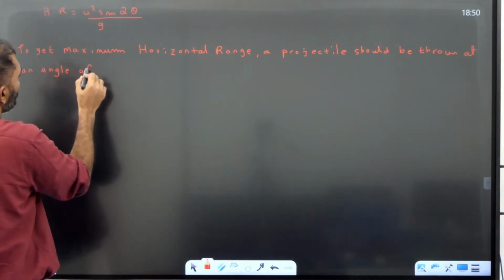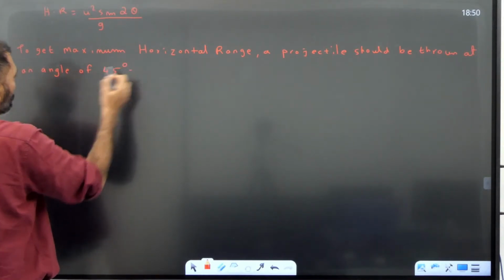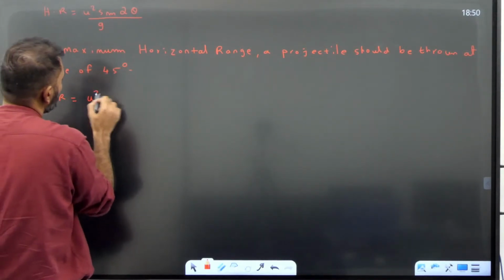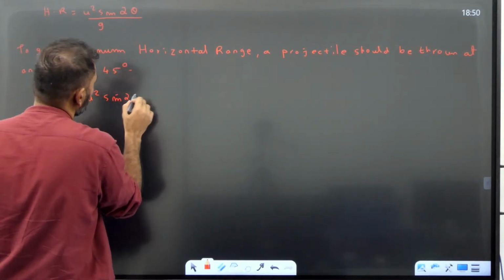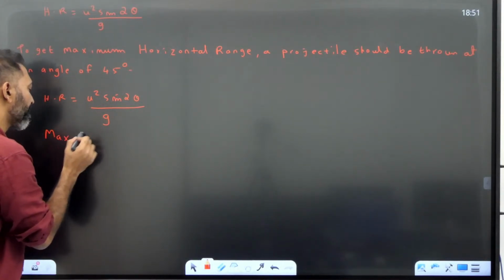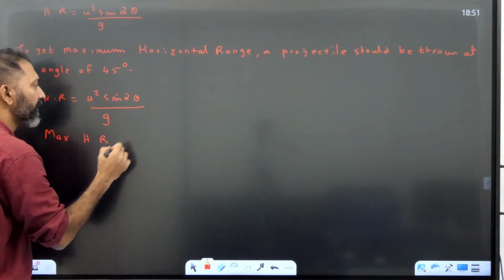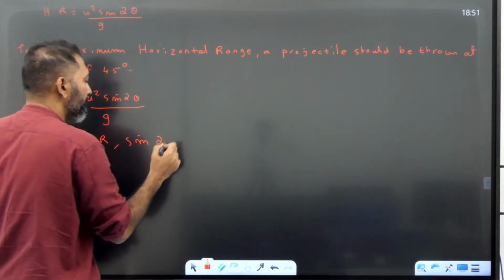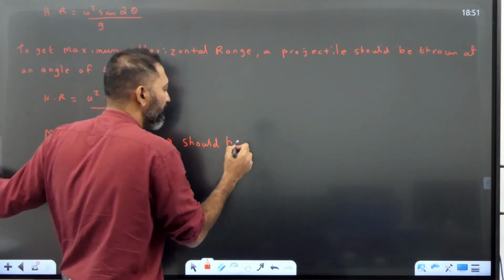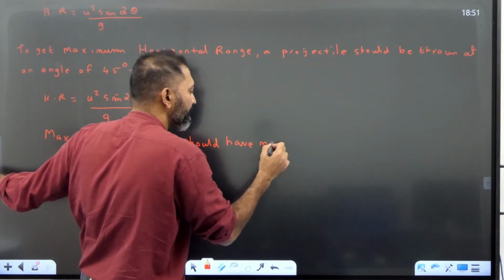Horizontal range is equal to u square sin 2 theta by g. Maximum horizontal range means what? Sin 2 theta should have maximum value.